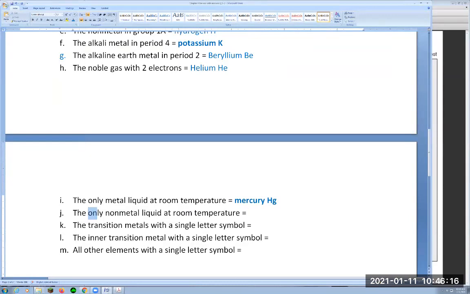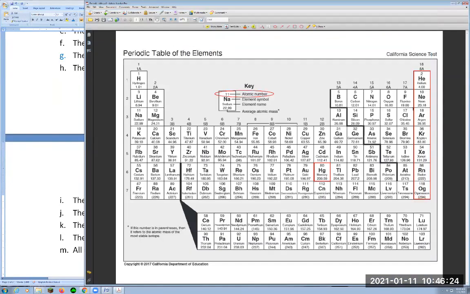The only non-metal liquid at room temperature. So this time we need to look at non-metals that are liquid at room temperature. Non-metals are on the right side of the periodic table. So, carbon, nitrogen, sulfur, bromine, all of that. And as we said, the noble gases are all gases. Fluorine, chlorine are gases.